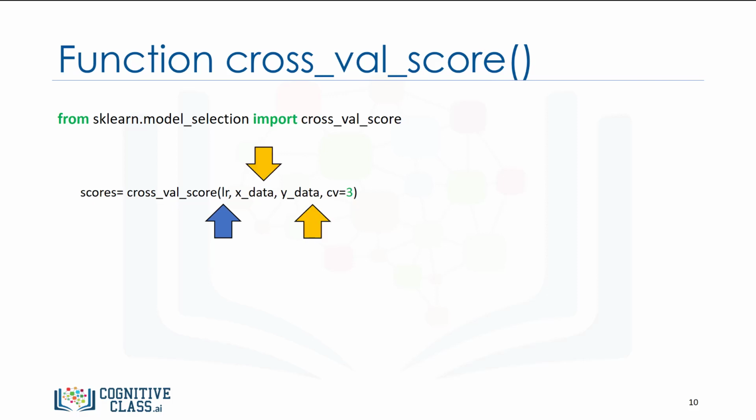The other parameters are x_data, the predictor variable data, and y_data, the target variable data. We can manage the number of partitions with the cv parameter. Here, cv equals 3, which means the dataset is split into 3 equal partitions. The function returns an array of scores, one for each partition that was chosen as the testing set. We can average the result together to estimate out-of-sample r² using the mean function in NumPy.